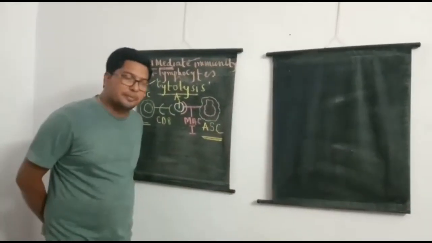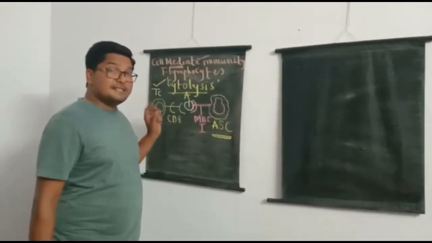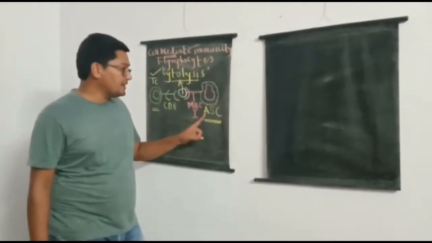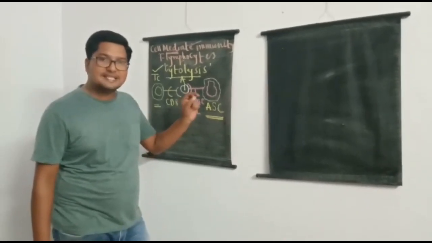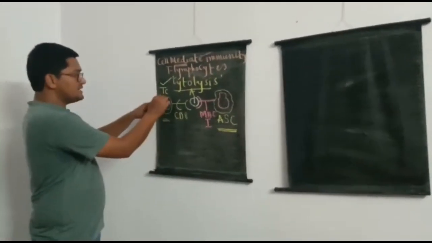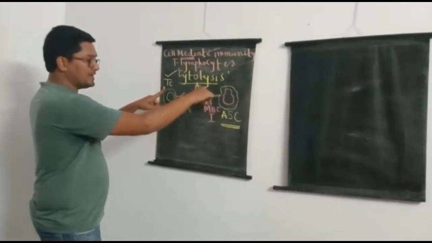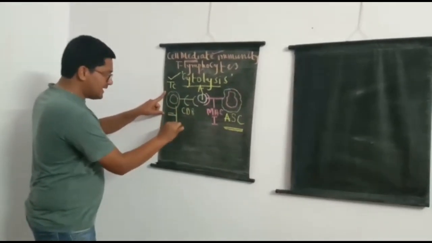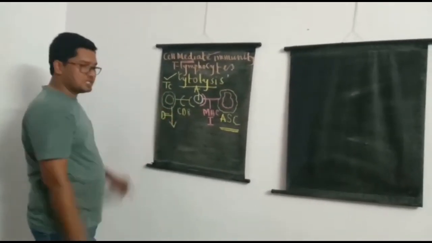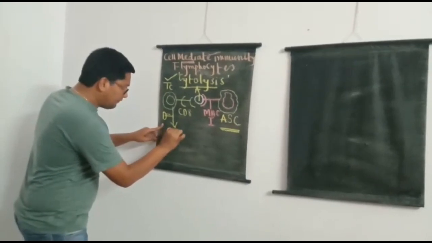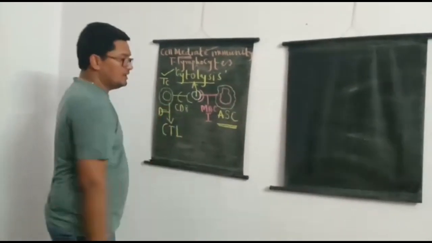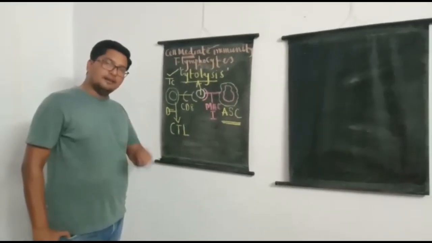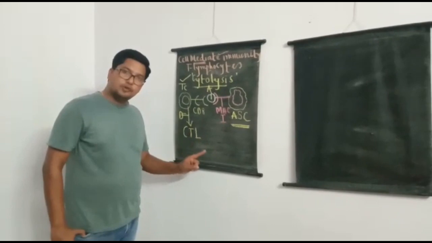So with this, students should remember TC cells recognize antigen plus class 1 MHC present on the surface of the antigen-presenting cell. Whenever a TC cell recognizes this complex, that is the antigen plus class 1 MHC complex, it undergoes differentiation and forms an effector cell population, called CTL, cytolytic T lymphocyte.